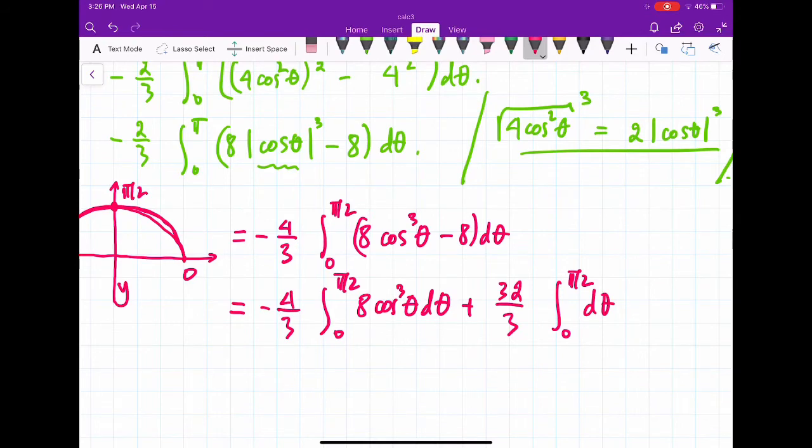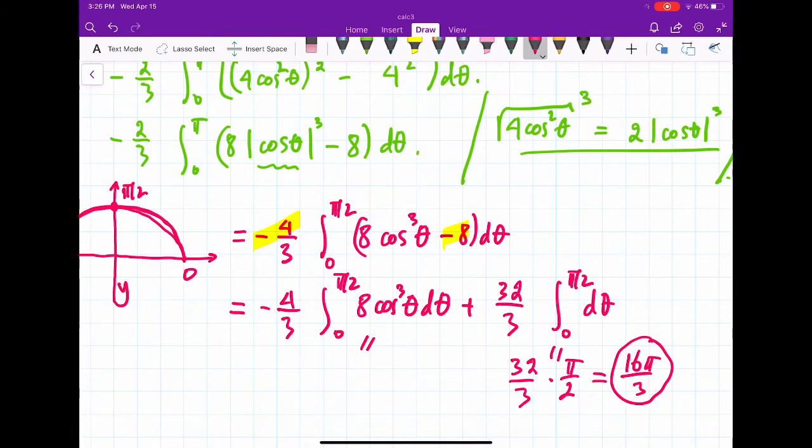We have negative 8 right here with negative 4 thirds, right? So you have plus 32 over 3. Okay, so this is nothing but pi over 2 multiplied by 32 over 3. So this gives you 16 pi over 3.